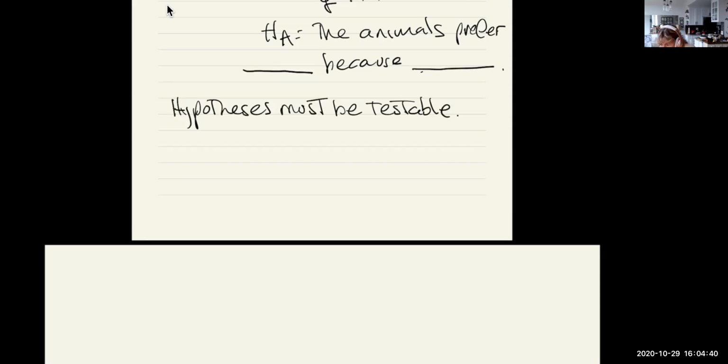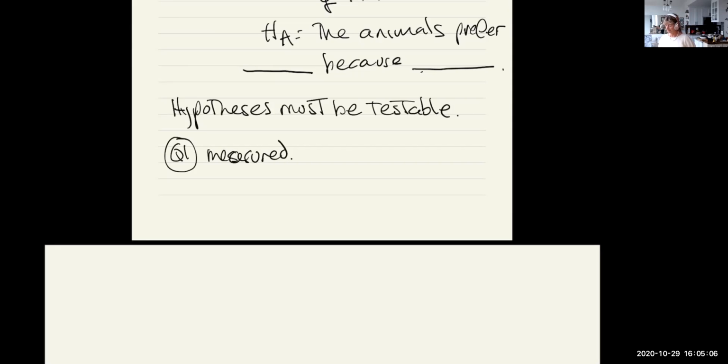So you'll have to decide on what that is. So for your measured response, question 1, we've already looked a little bit at design, so how you'll design your experiment.